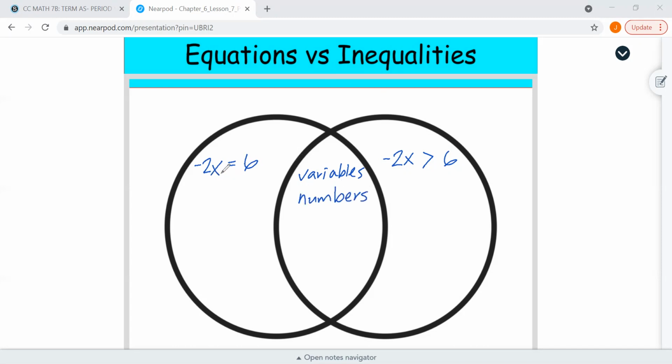When you solve this equation, undo this operation by dividing by negative 2 on each side. So x gives you negative 3. So an equation, as you see, has an equal sign and also has one solution.